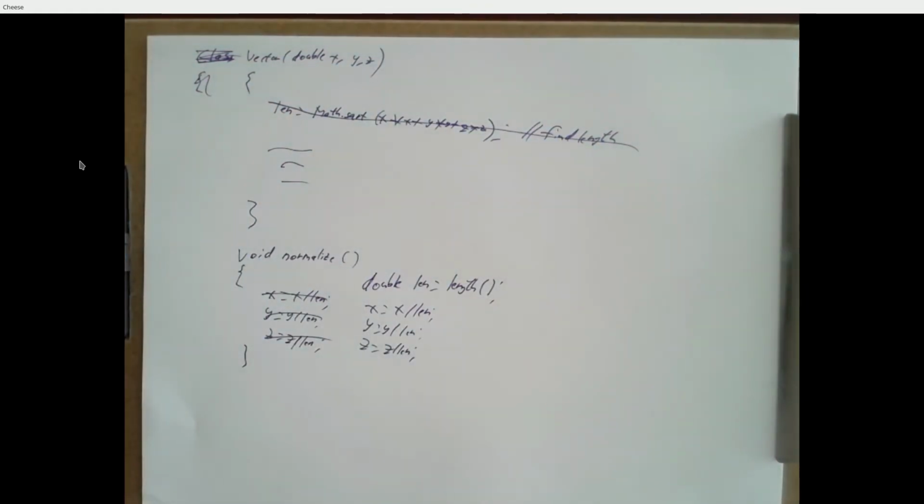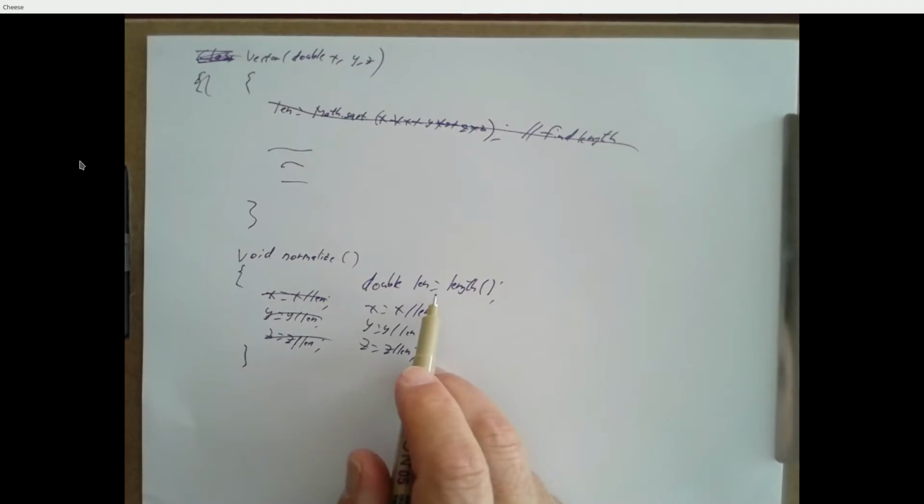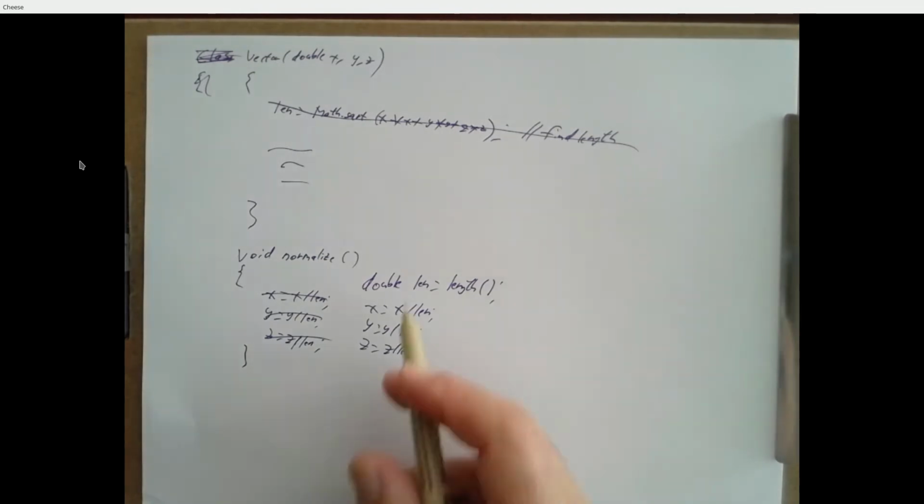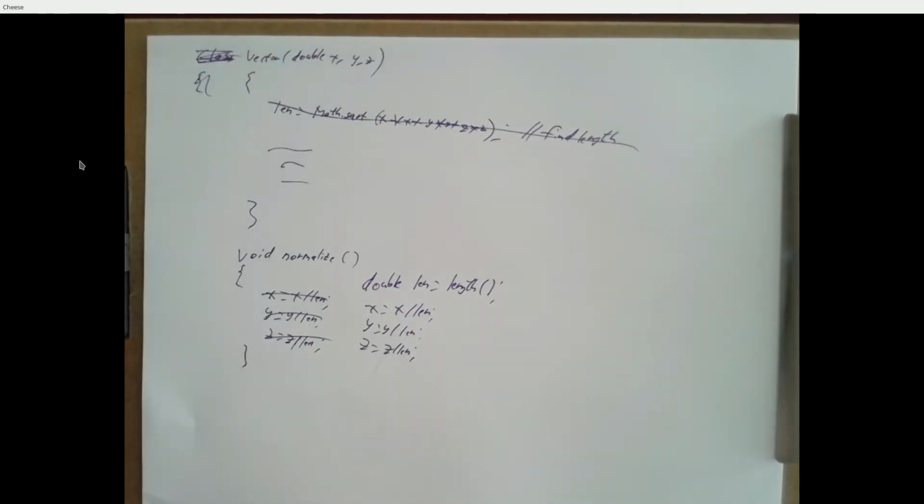At the moment you're ready to normalize this vector, you find its current length. You could also just say len equals Math.sqrt of x squared plus y squared plus z squared. But since you've got a length method that you just wrote in the previous question, you can take advantage of that, call it here, and then divide x, y, z by that length.